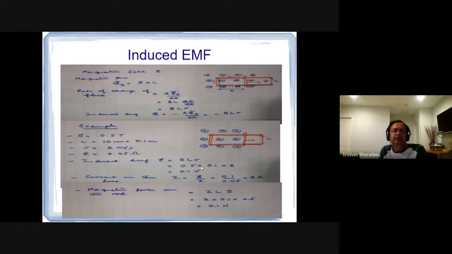The rate of change of flux is therefore BLV, because the only thing moving is this rod, moving at a velocity v. Rate of change of flux is the EMF, so negative BLV is the EMF. From that you can calculate the current, and from the current, the magnetic force on the rod is given by I times L cross B.